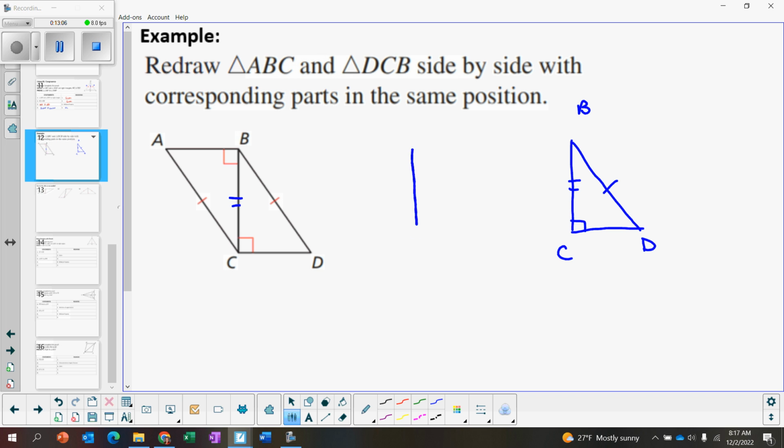So when I go to redraw triangle ABC, we should have the same marking. A is on the outside, B is on the top, and B is where the right angle is. And this looks good.